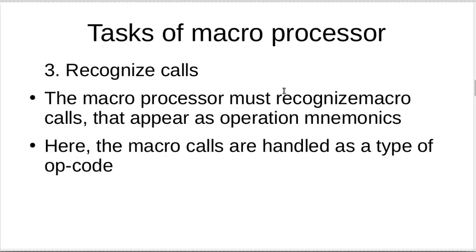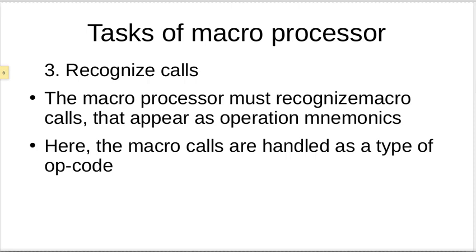The macro calls are handled as a particular type of operation code or opcode. Same as an assembler, the macroprocessor also handles the macro calls by treating them as opcodes or operation codes.